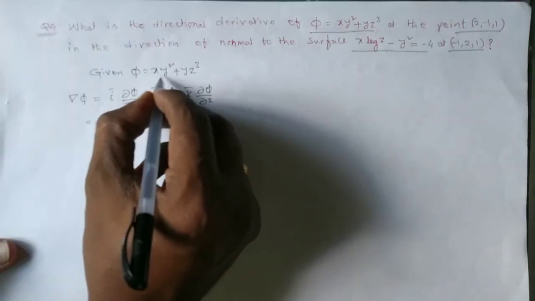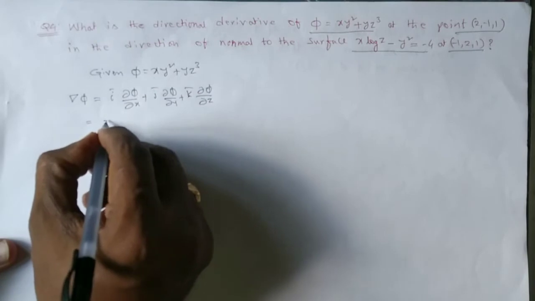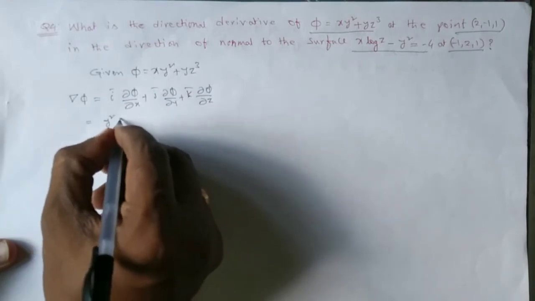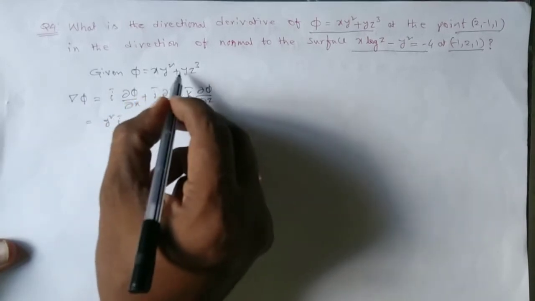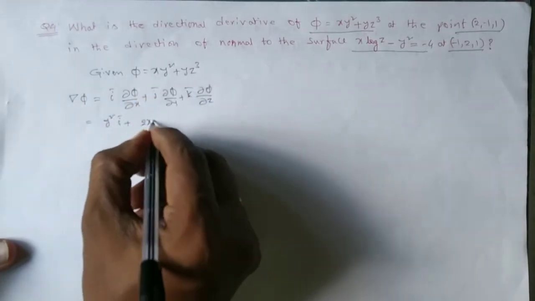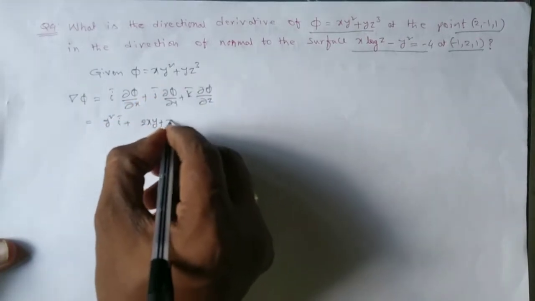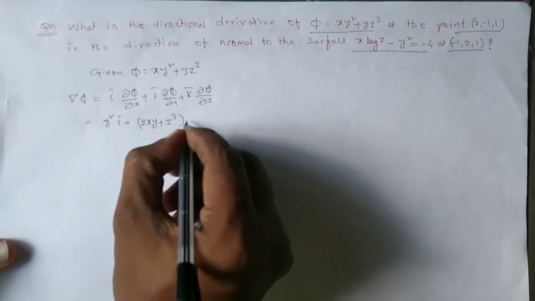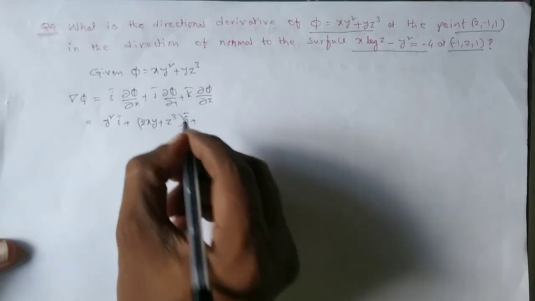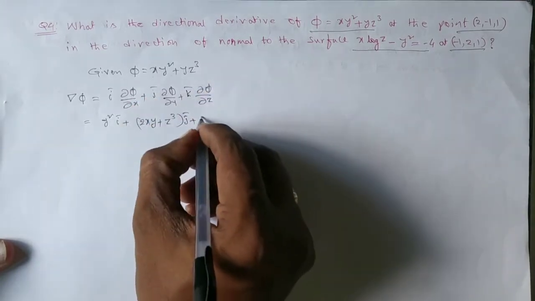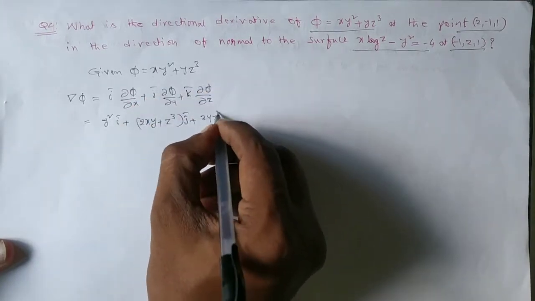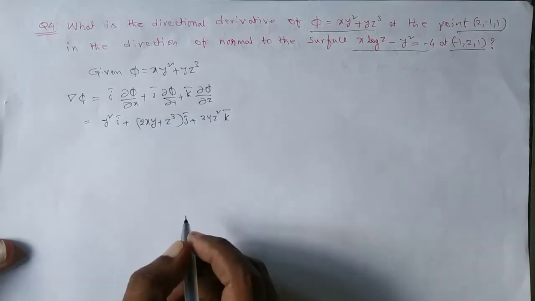If you differentiate this one with respect to x, we will get it is y square into i bar. Dou phi by dou y, if you take differentiation of this term with respect to y, it is 2xy plus z cube into j bar. With respect to z, if you take differentiation of this one, it is 3yz square into k bar.